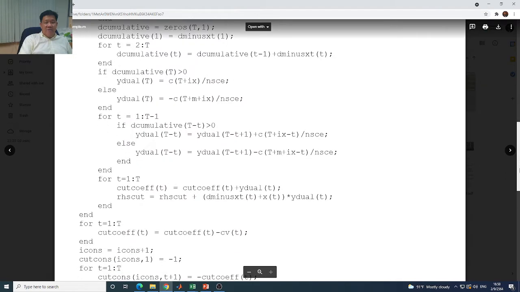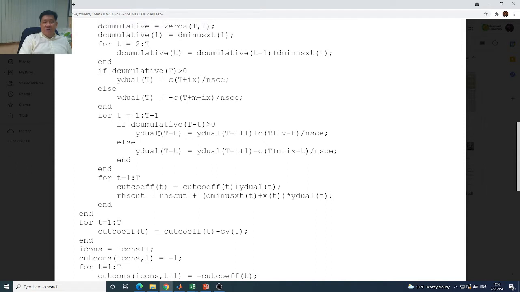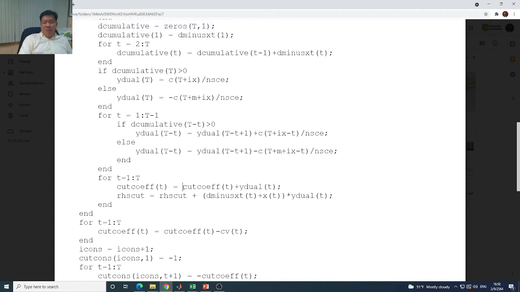The way we accumulate the value is that once you get the y dual here, for each one of them you can use this y dual to compute the cut coefficient here, and the right hand side at the same time.